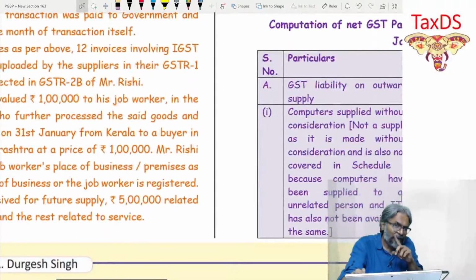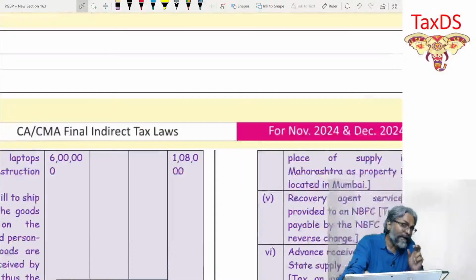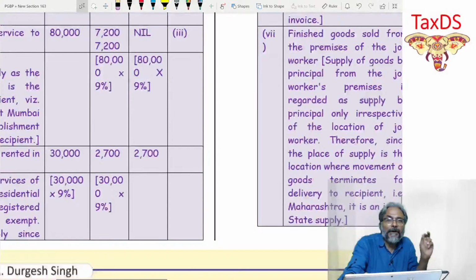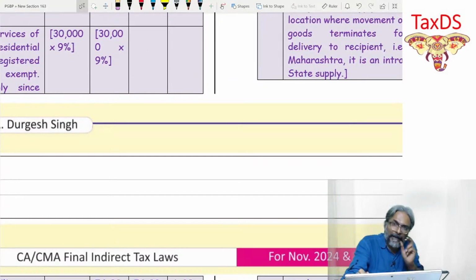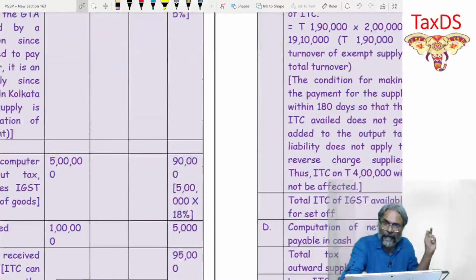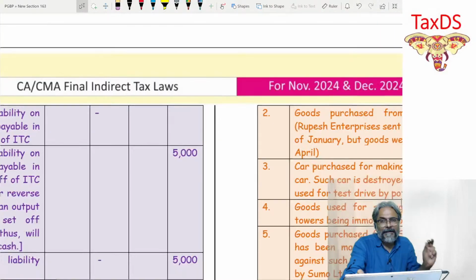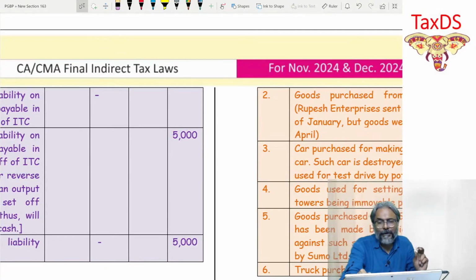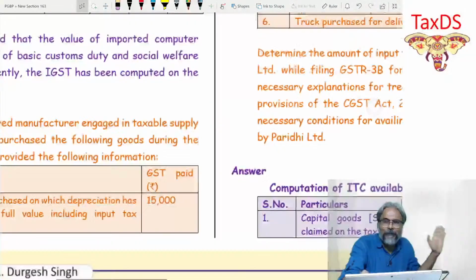So my humble suggestion to all of you would be to please make a note of that in your answer. What is the note? That IGST credit first will be adjusted against the IGST outward liability. Balance IGST credit thereafter can be used against the CGST and SGST liability on the outward supply in any manner and in any proportion.